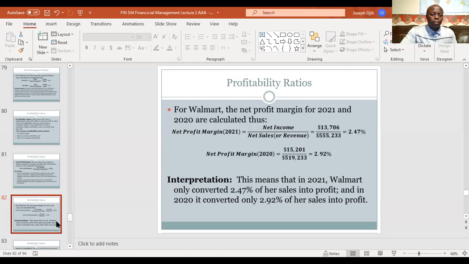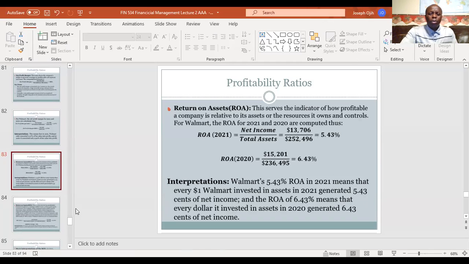Now, return on assets serves as the indicator of how profitable the company is. Many analysts use this. They use it to show how profitable the company will be relative to the assets or resources that the company owns or controls.